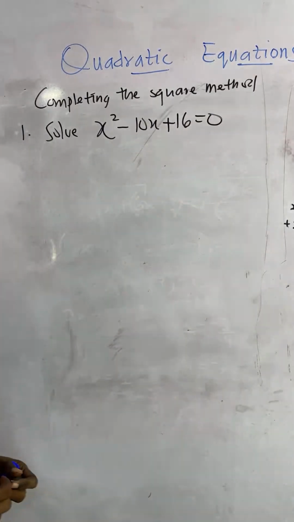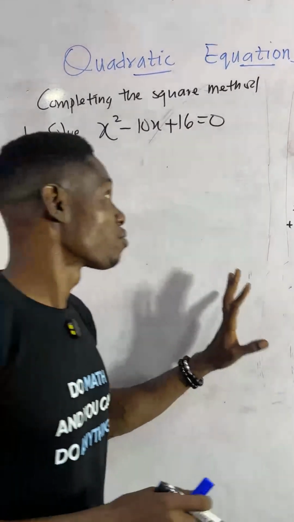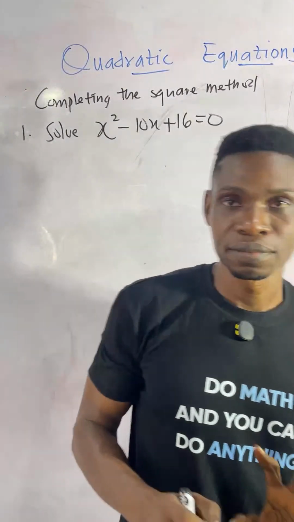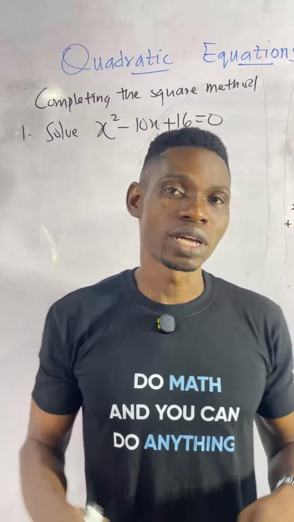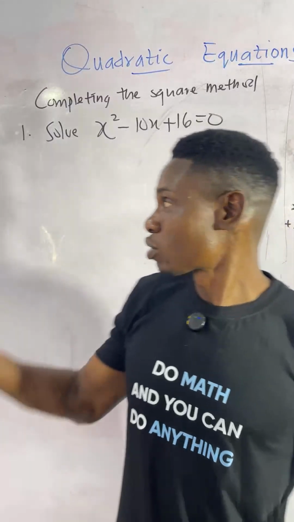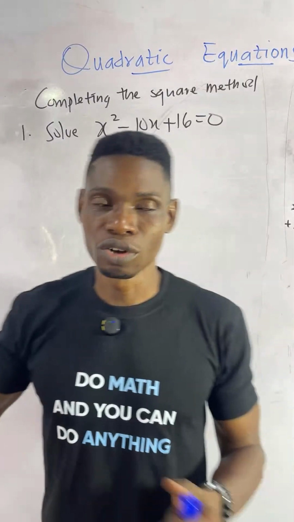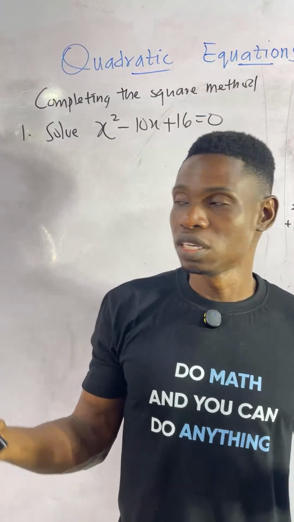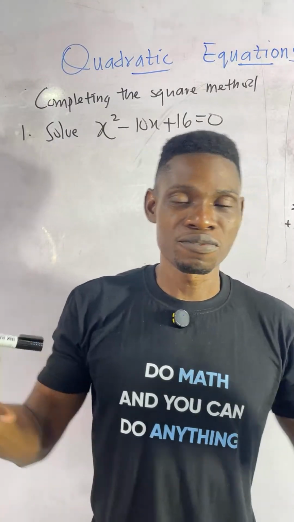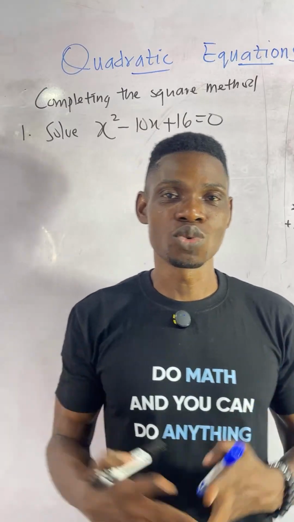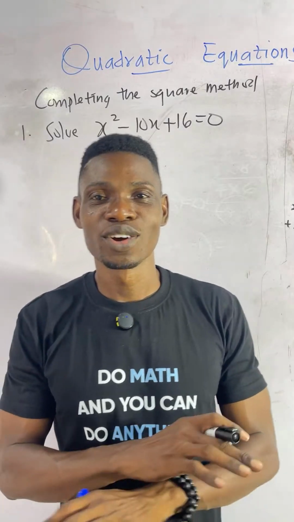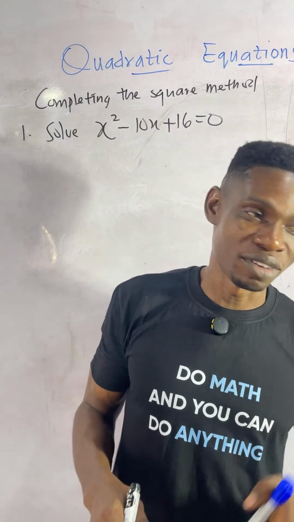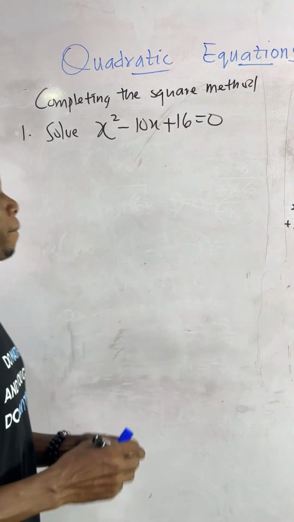Now, one advantage of completing the square is that it can solve any quadratic equation without an issue. Now, factorization has its limitation in that not all the equations have factors. You cannot factorize all of them. But completing the square is a complete solution in that you can use it to solve any quadratic equation. So that's the advantage.